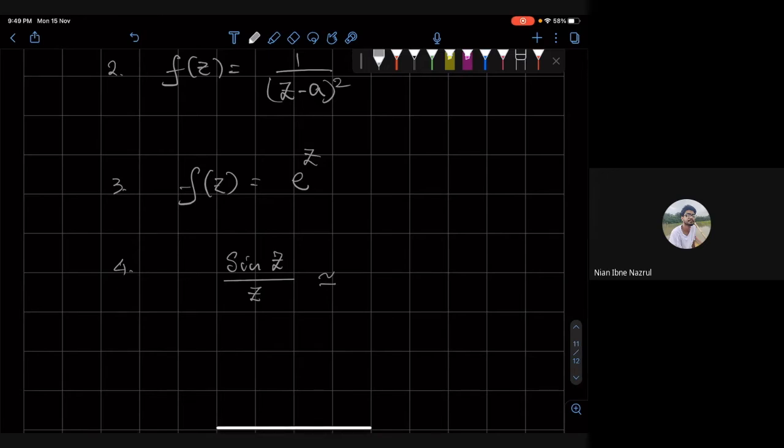Because for small values of z, this is z by z, right? So we have seen some singularities. Let's look at another one, e to the power minus 1 over z.